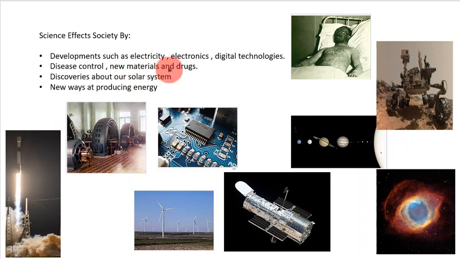So science has a huge impact positively on society. It makes our lives more comfortable. Even if you take, there was a time before general anesthetic. Imagine if you had to go to the dentist and get a tooth extracted without any anesthetic.